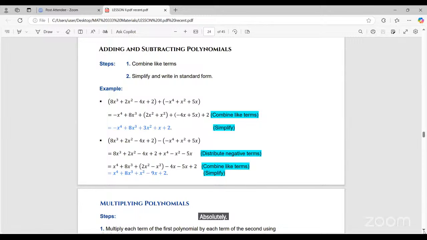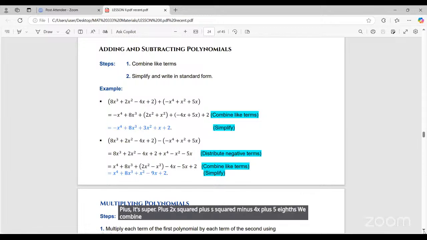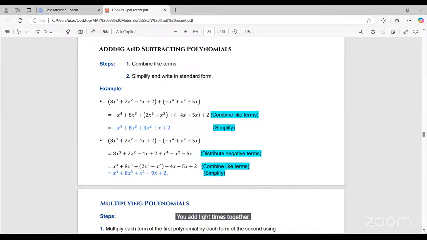So the one with the highest power is minus x to the power 4 plus x to the power 3 plus 2x squared plus x squared minus 4x plus 5x plus 2. We combine like terms, then you simplify.